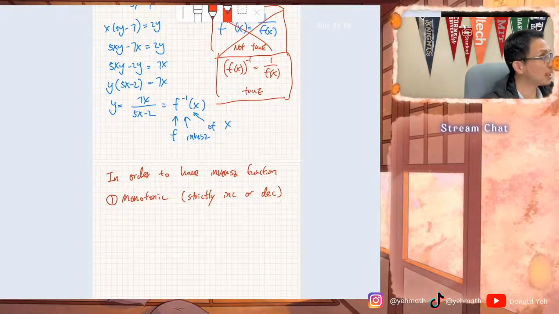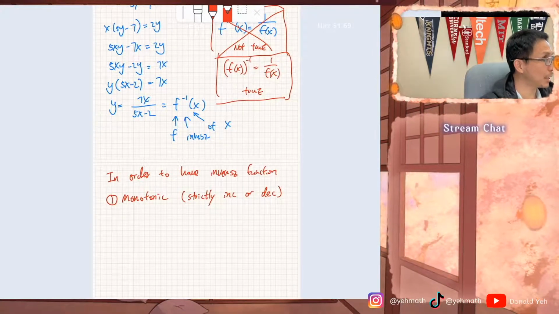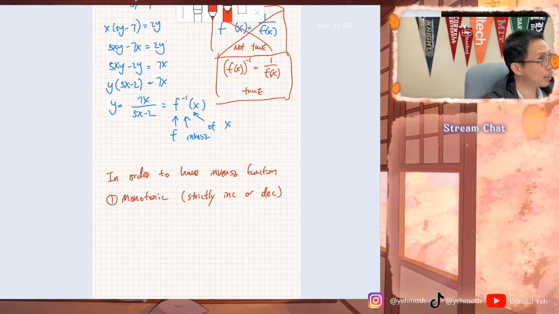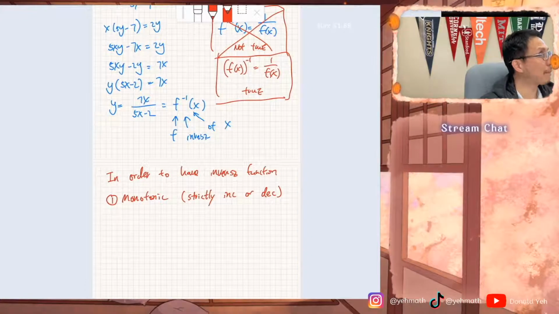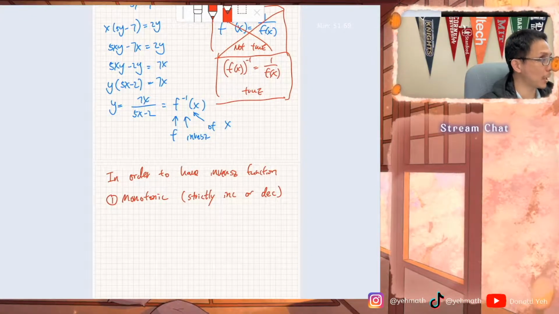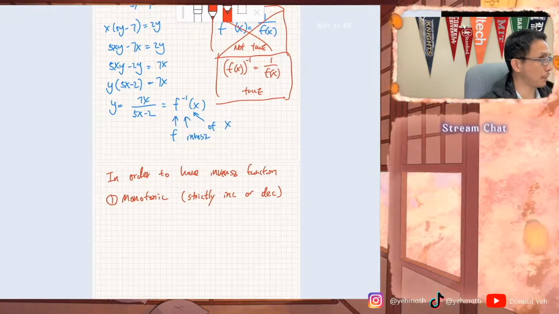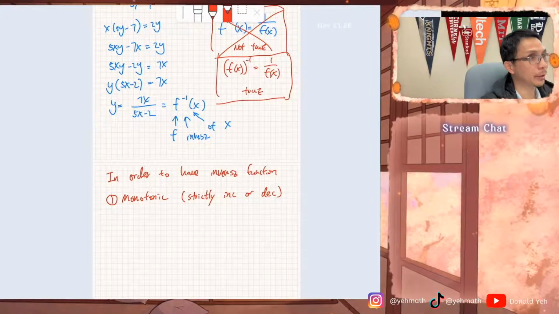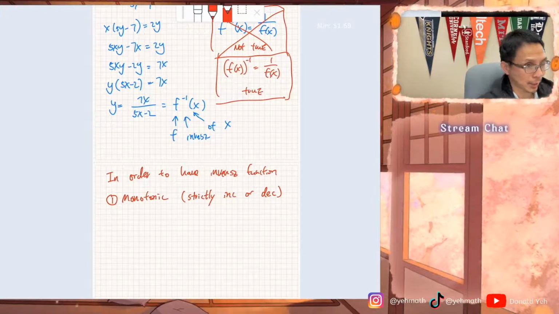That function cannot have an inverse until you do a restriction. I'm going to say again: if it's going down and going up, you have to cut the function in such a way that it's only going up. So in a parabola, you have to cut it in half in order to have an inverse. That's the first thing.